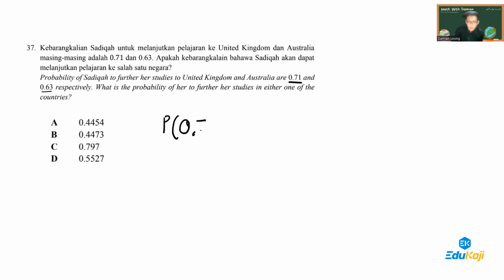It means UK and not Australia, plus the probability that she studies not in the UK but in Australia.